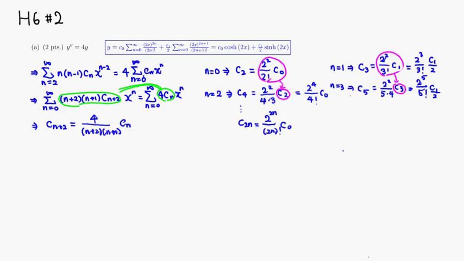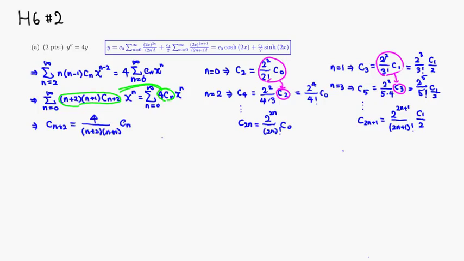Then I'm seeing a pattern, so we have c sub 2n plus 1 can be written as 2 to the 2n plus 1 over quantity 2n plus 1 factorial. Then the constant is c1 over 2. Alright, so now we have a solution.